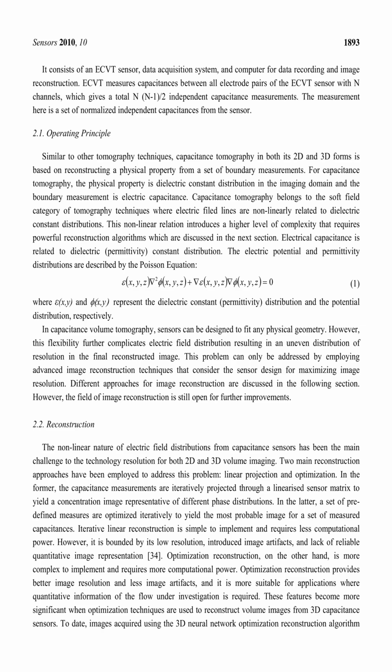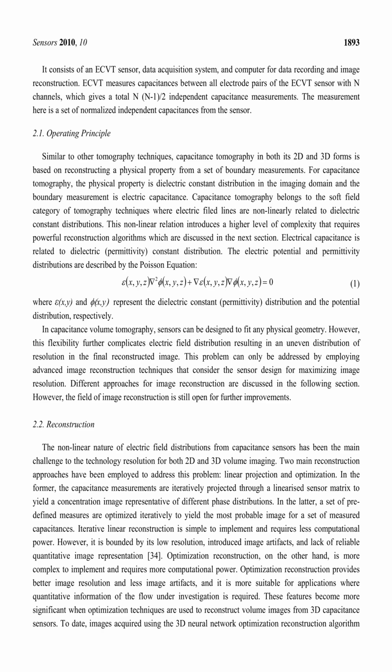Capacitance tomography belongs to the soft field category of tomography techniques, where electric field lines are non-linearly related to dielectric constant distributions. This non-linear relation introduces a higher level of complexity that requires powerful reconstruction algorithms, which are discussed in the next section. Electrical capacitance is related to dielectric, permittivity, constant distribution.